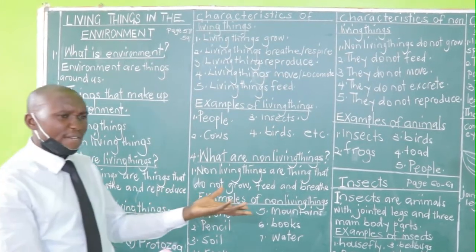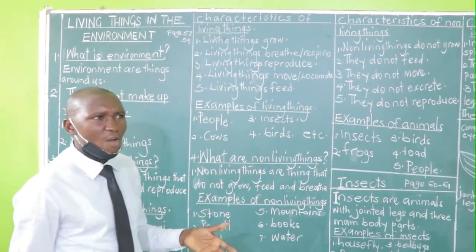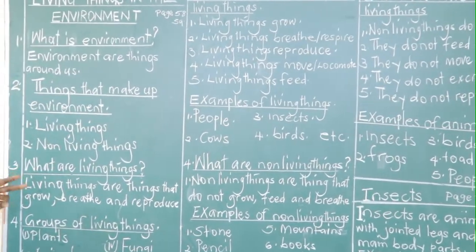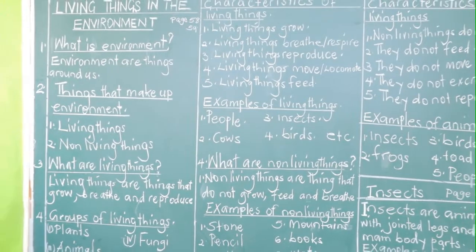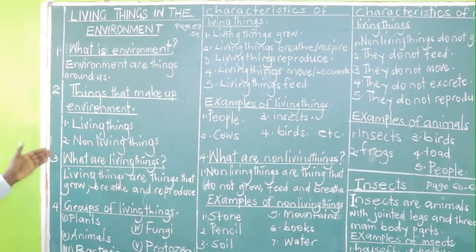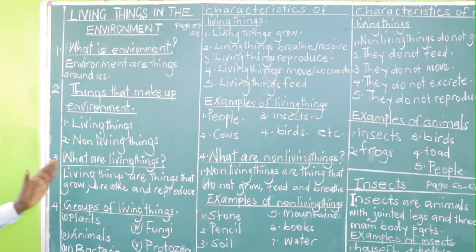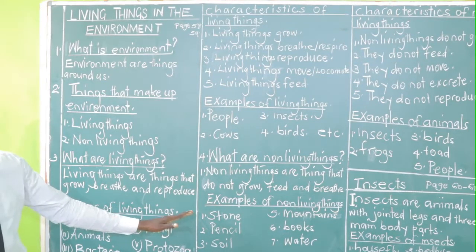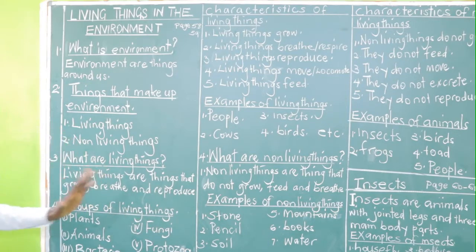What are living things? When you look at that book, that very page, there is our definition there. Living things are things that grow, breathe, and reproduce.